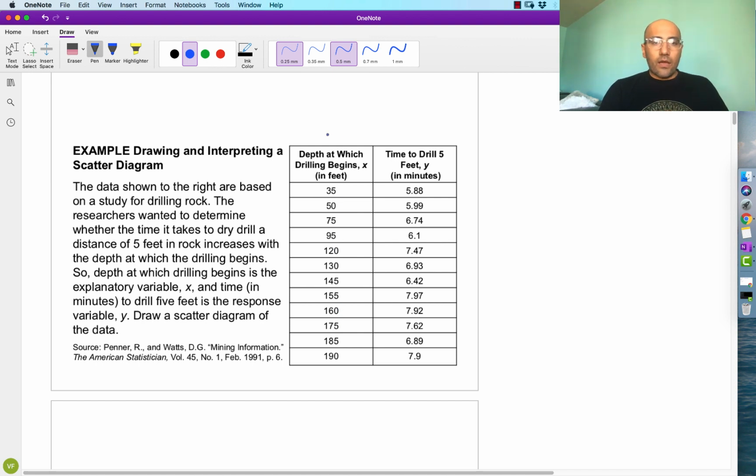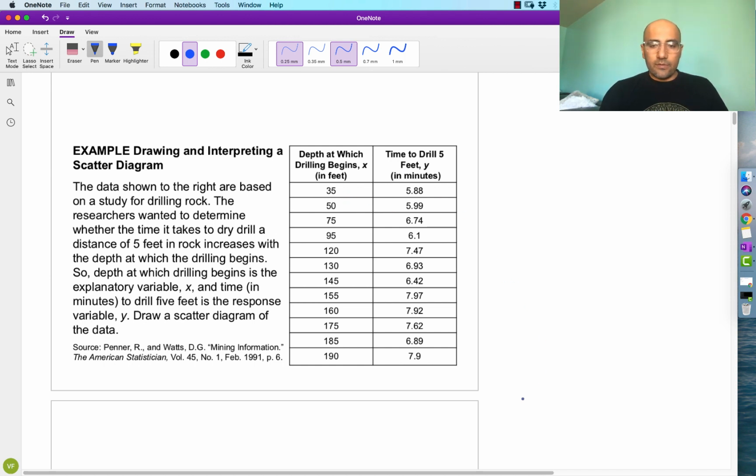Okay, so we refer to this as the explanatory variable, how deep you are when you start drilling. And we refer to the time it takes to drill 5 feet as the response variable. So if we do a graph with these, we create ordered pairs.